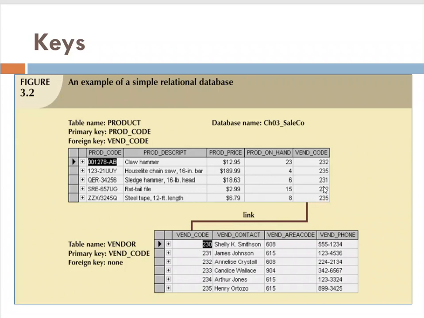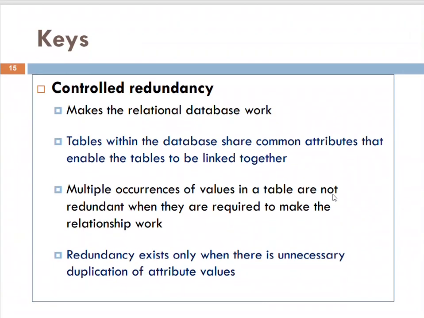Okay, so I can refer vendor 232 supplied two products. Okay, the first one and the fourth row, the product in the first row and the fourth row. Okay, itu bukanlah redundancy. Okay, because they are required to make the relationship work. Redundancy exists only when there is unnecessary duplication of attribute values.